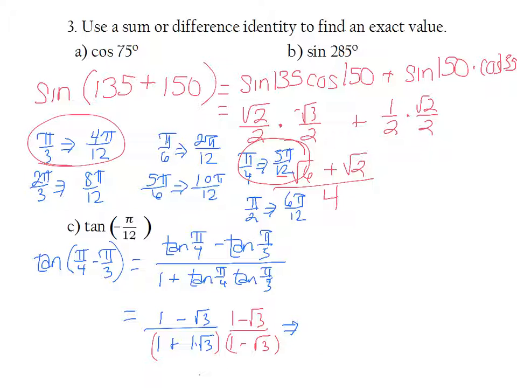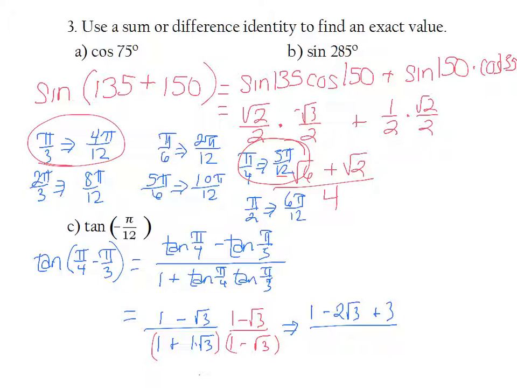In the top, when I FOIL, I'm going to have 1. The outer is going to be negative root 3, and the inner is negative root 3. That ends up being minus 2 root 3. And last, a negative root 3 times a negative root 3 is a positive 3.